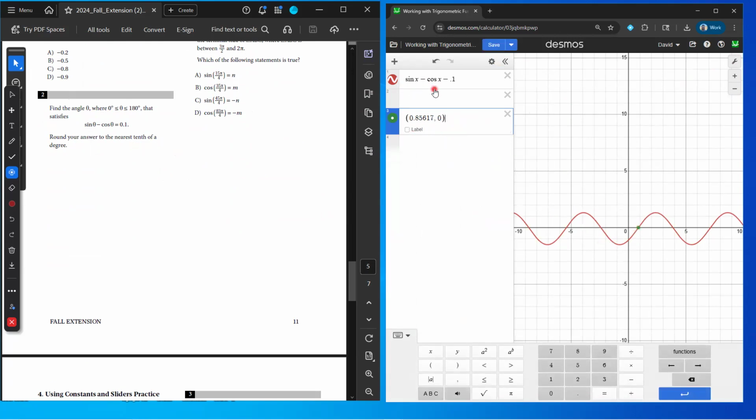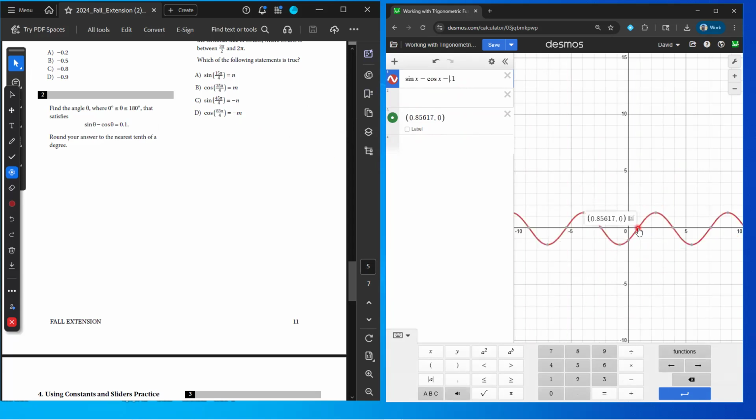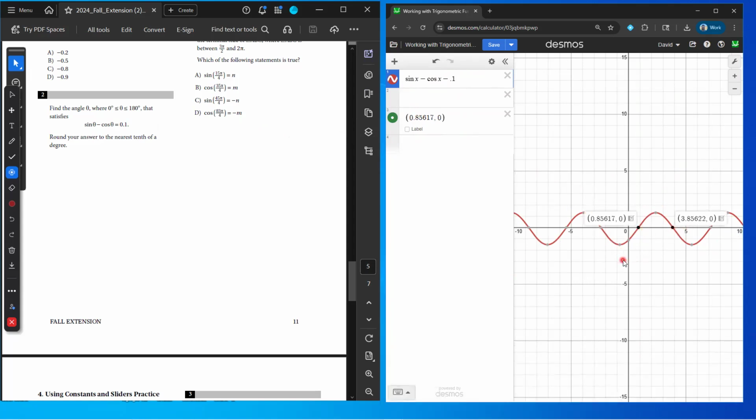You would probably have done sine x is equal to 0.1. And this can look kind of confusing. So one thing you can do is, instead of making it equal to each other, maybe make it minus. And that typically shows you where it's going to be zeros. Then we can find those values pretty quickly.